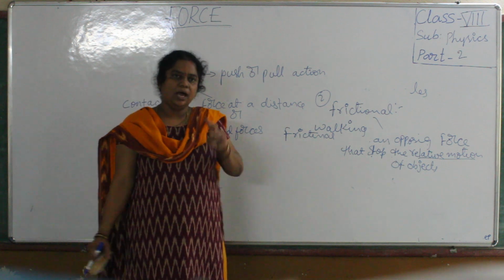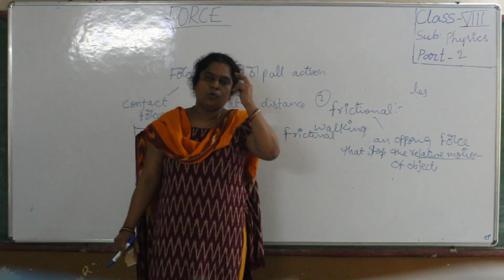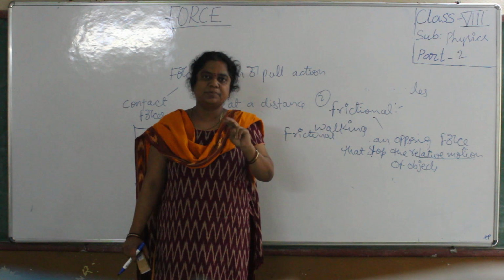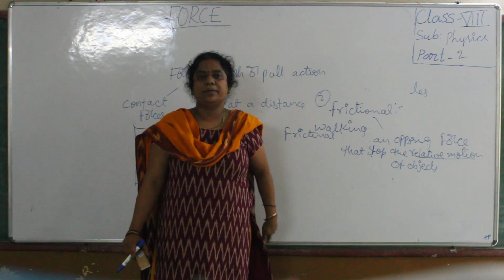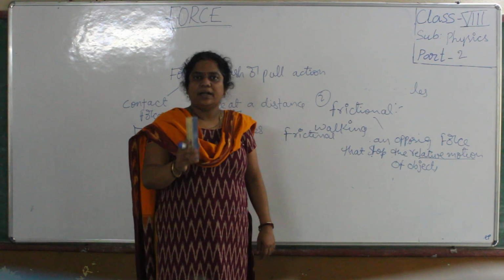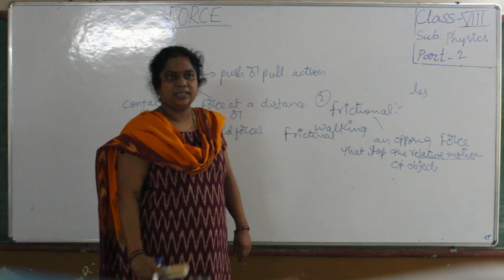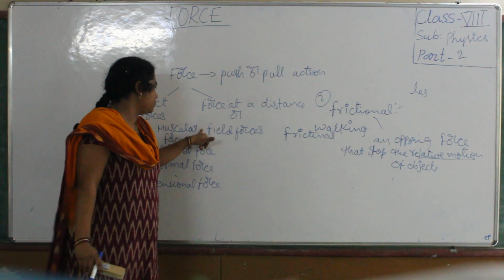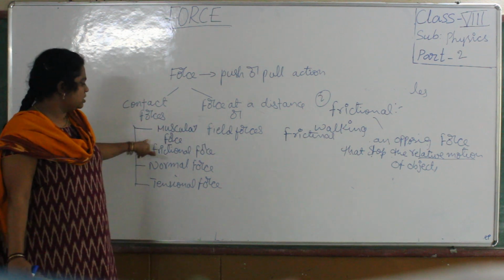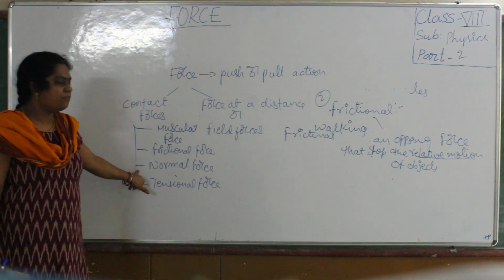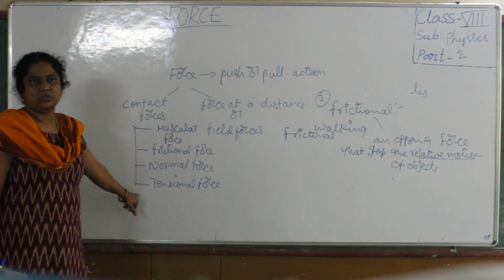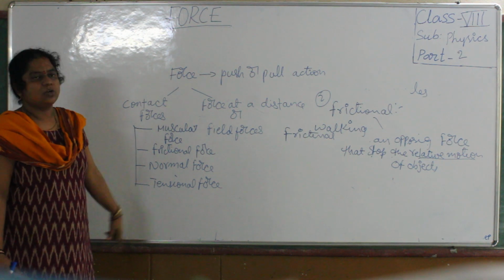So, what did I tell you? What is force? Force is a push or pull. How many types of forces are there? There are two types: contact force and field force, or force at a distance. In contact force, there are muscular force, frictional force, normal force and tensional force. What is muscular force?